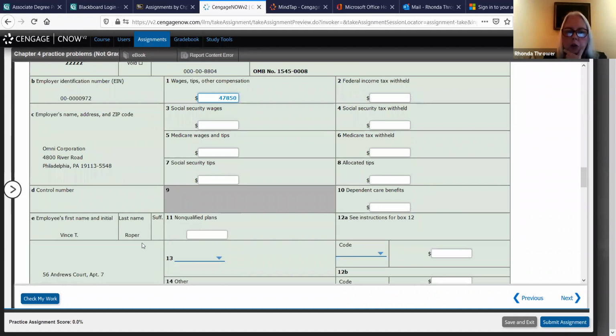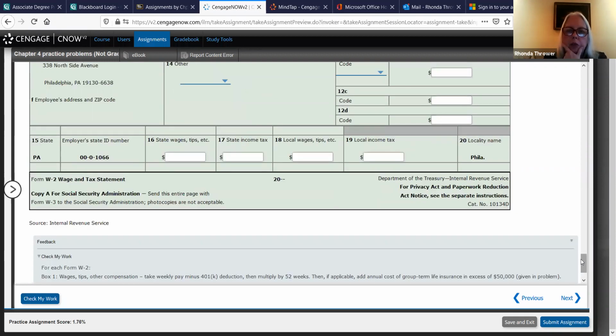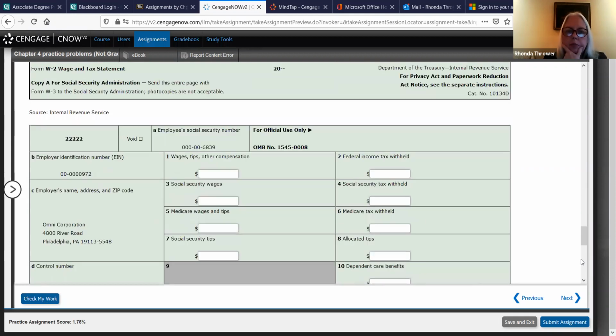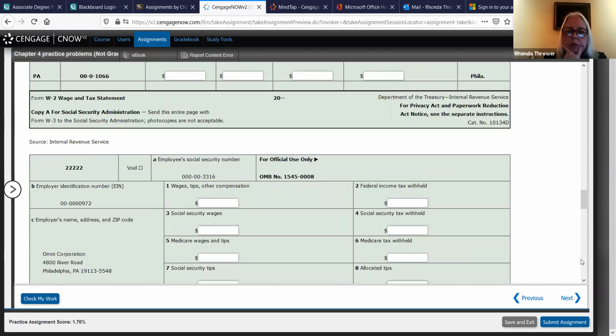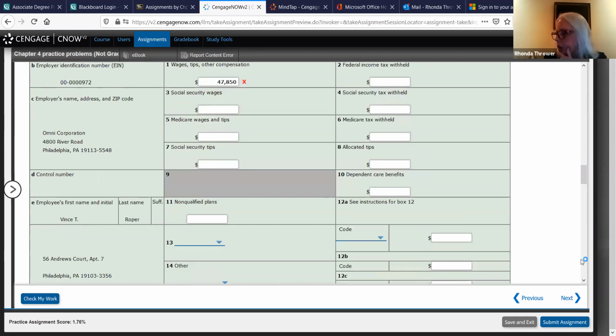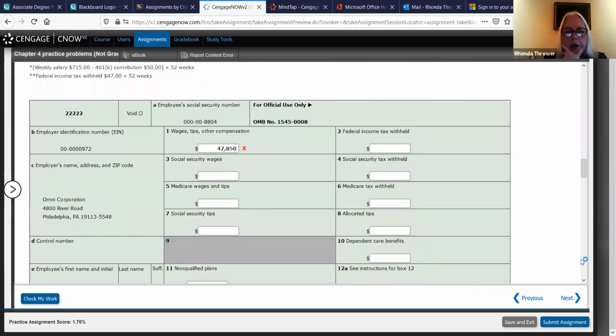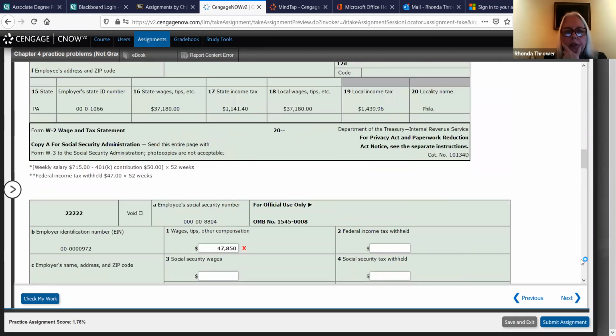Now make sure you're on the right person. This is Vince Roper, and this is his wages. You can also check your work just to make sure your math is correct. And evidently, I didn't put in the right amount. So let's see.